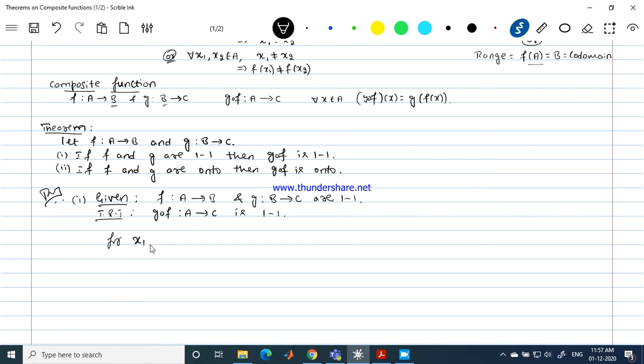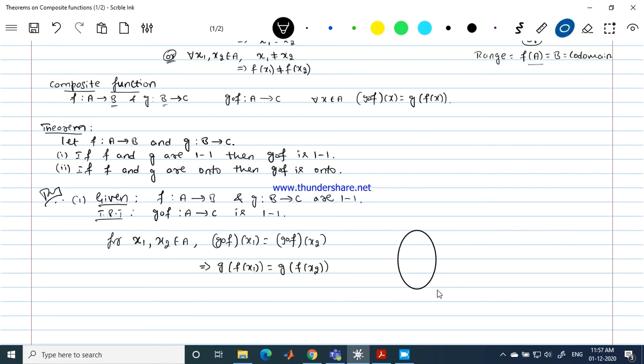For x1, x2 belonging to A, assume f composition g of x1 equal to f composition g of x2. So this implies, from the definition of composition, g of f of x1 equal to g of f of x2. Now to proceed further, let me try to understand what we are doing here.